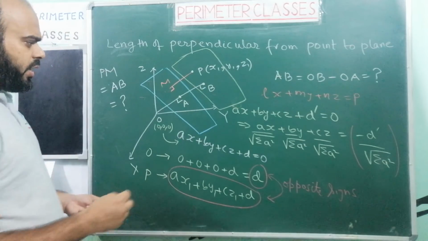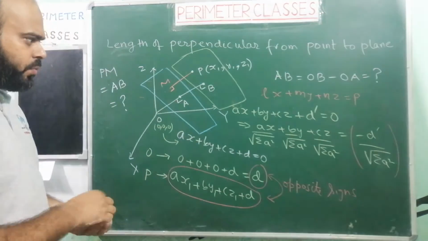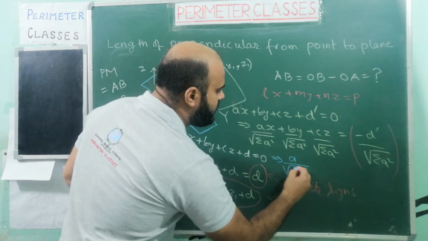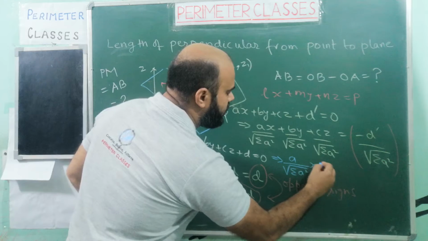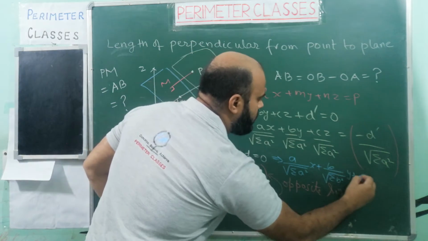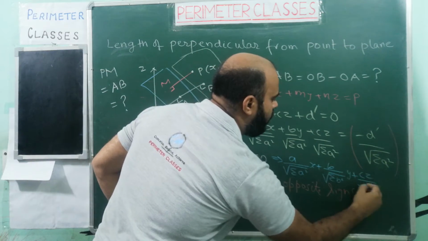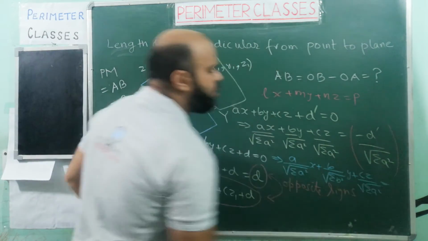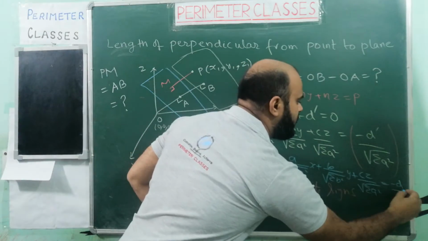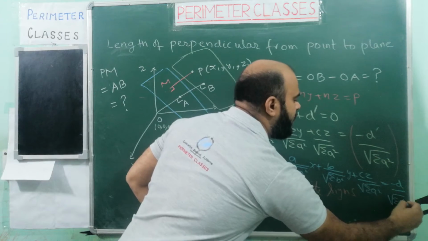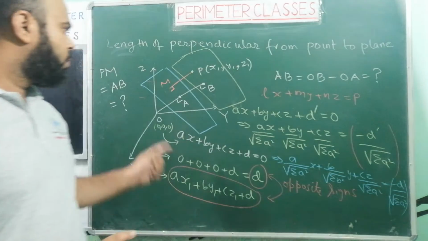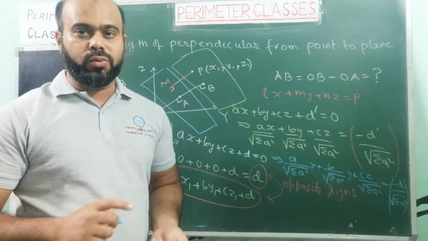Similarly here, in this blue plane, if we rewrite it like this, A by root over sigma of A square times x plus B upon root over sigma of A square times y plus C z by root over sigma of A square is equal to minus d on the right hand side. This part is again the perpendicular OA, the absolute value.